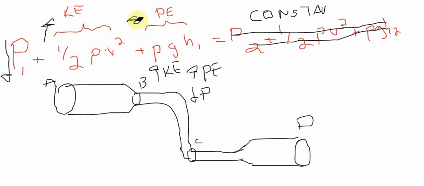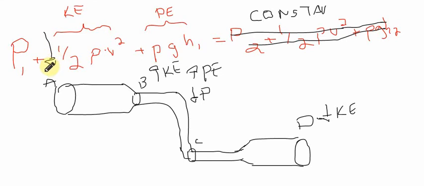Now let me delete this. Let's look at D now. D has a high area, so it's going to have a low velocity, so it's going to have low kinetic energy.